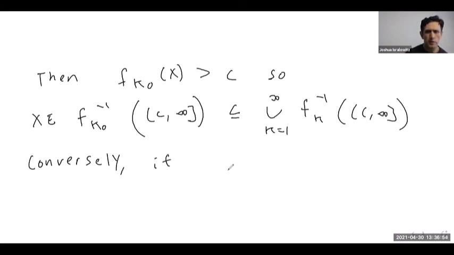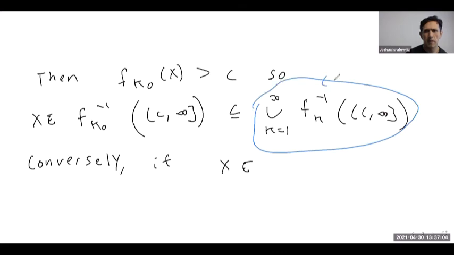The other direction's not a whole lot harder. So conversely, let's call this blue star here, or blue asterisk, whatever. It's very similar. If x is in this union here, it's in one of these.